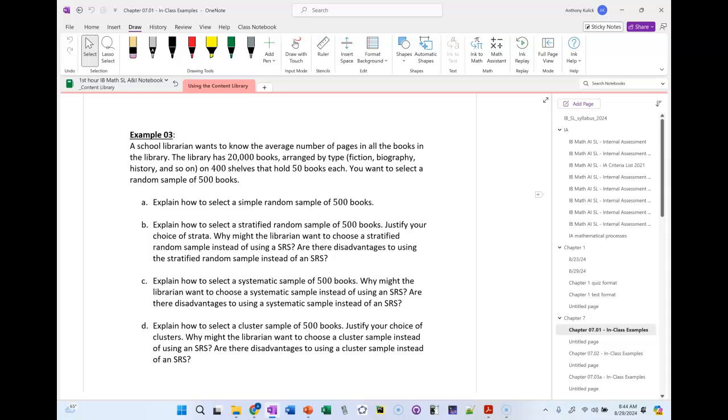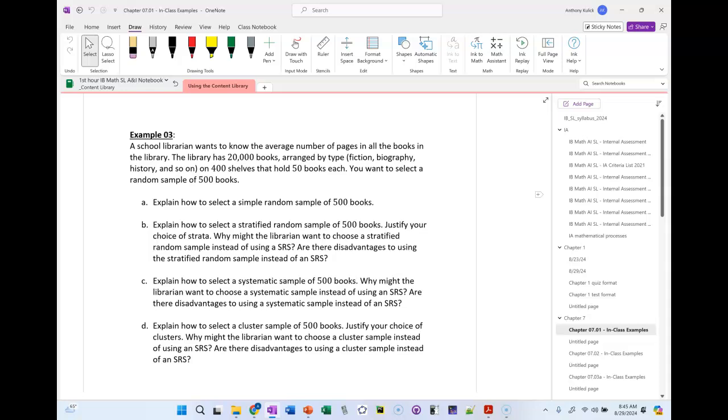That seems reasonable, right? Probably a reference book is likely much longer than a fiction book. Genres probably tend to be the same length. That's probably a reasonable idea.